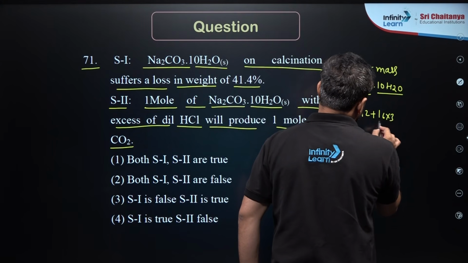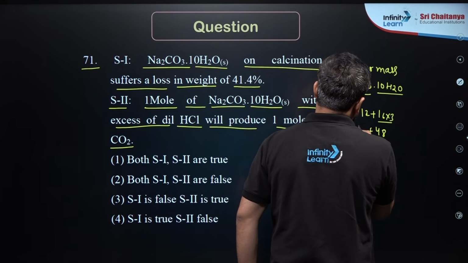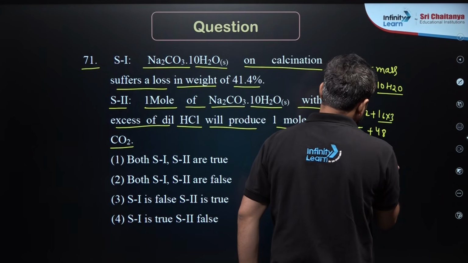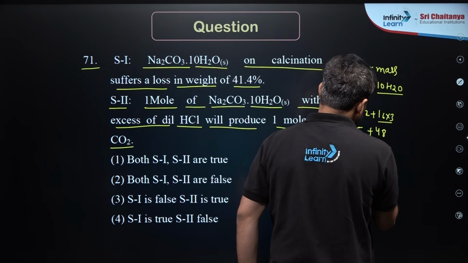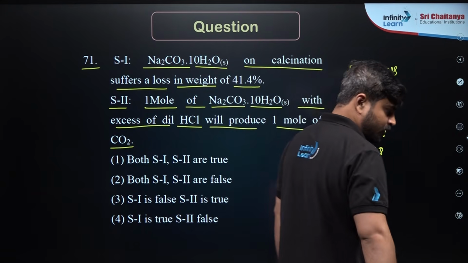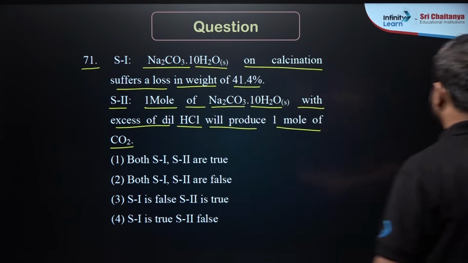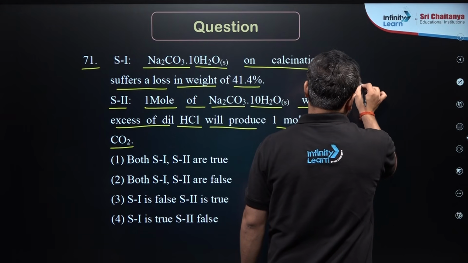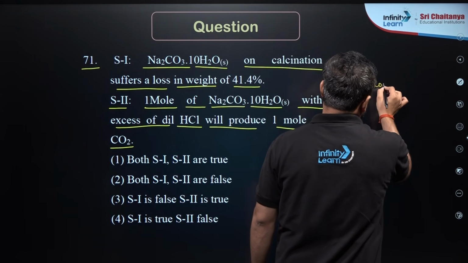So this is 48, and 46 plus 12 is 58, and 58 plus 48 is 106. Then 10H2O is 180, so overall it comes to nearly 286.